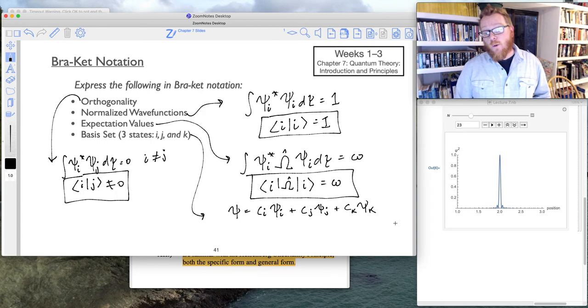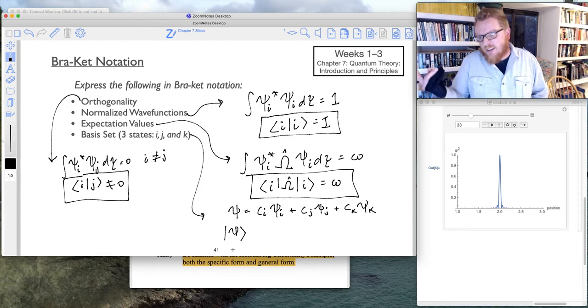Now, when I write this out in my Dirac notation, it's not necessarily going to be shorter than how I just wrote it, but it's still a good way I can apply it. I just put psi in a ket, which is fine.